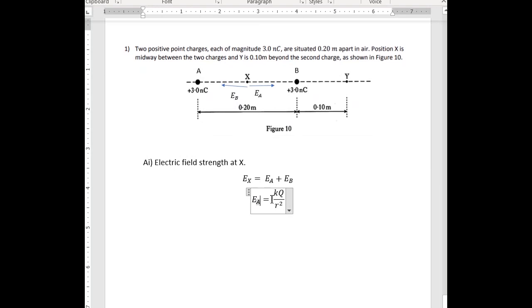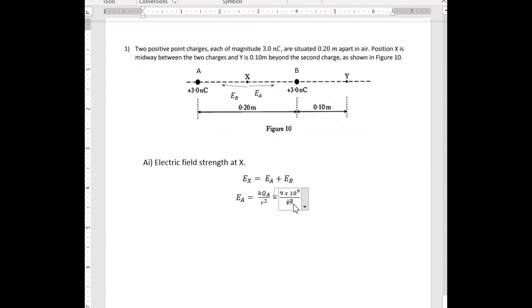So for A, it is K times the charge of A, divided by the square of distance between charge A and X. K is 9 times 10 to the power of 9, and X is the distance midway between 2 charges.